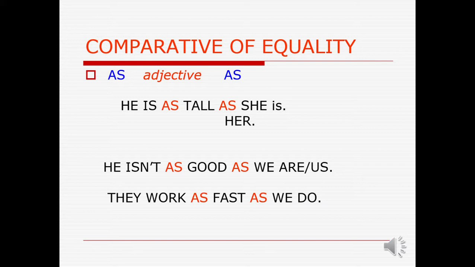However, in the middle example, he isn't as good as we are, or he isn't as good as us. This equality is taken away because the negative actually makes a comparison saying that we are better.